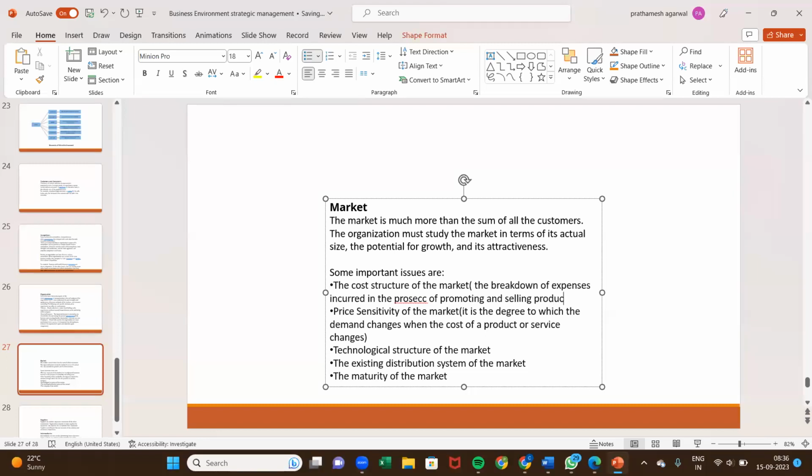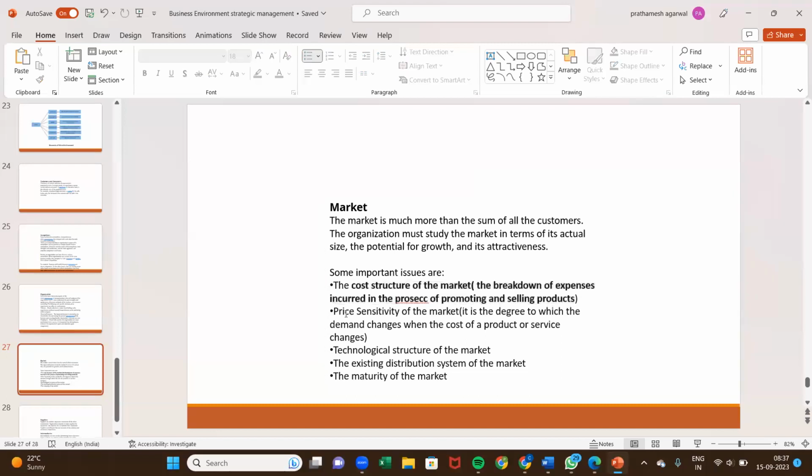Now this is called the cost structure. So see, this is the cost structure of the market. All right. Now this is the price sensitivity of the market.